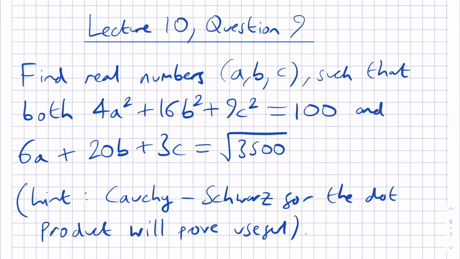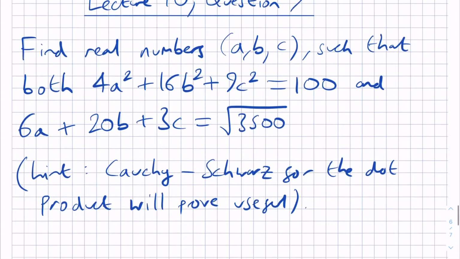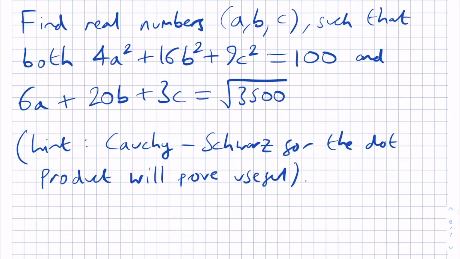Find a, b, and c such that both of those equations hold. There is a hint that says that the Cauchy Schwarz inequality for the dot product will prove useful.